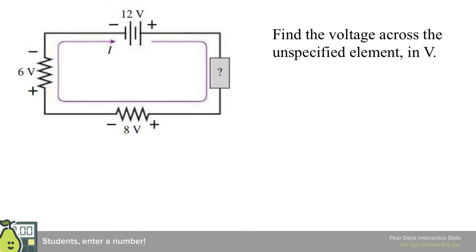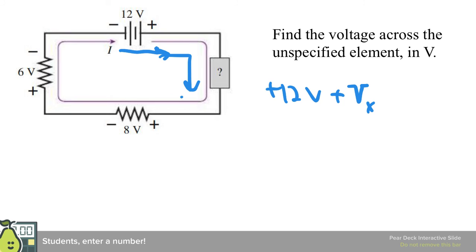Here, find the voltage across the unspecified element and express it in volts. So I'm going to follow the same path as the current. Starting here, we gain 12 volts from the battery, and then we gain some unknown voltage, I'll call it Vx, and I'm going to pretend we gain and see what comes out.